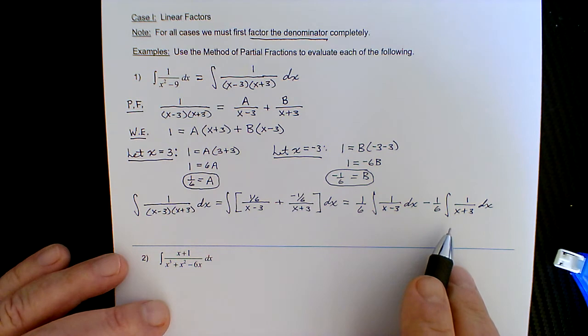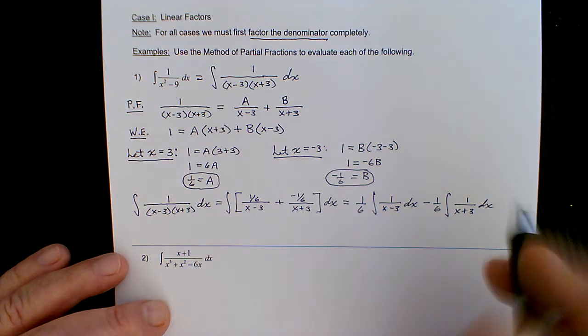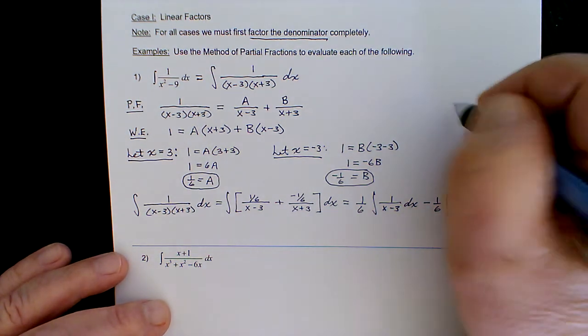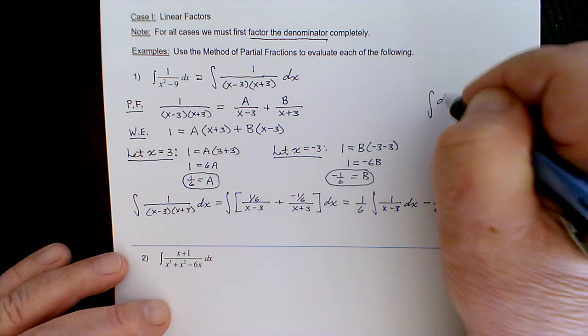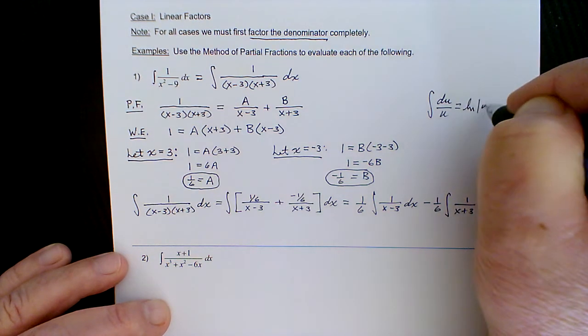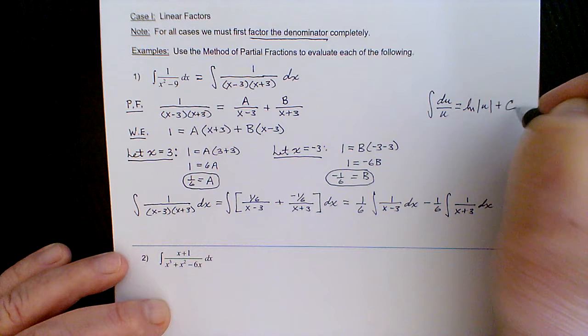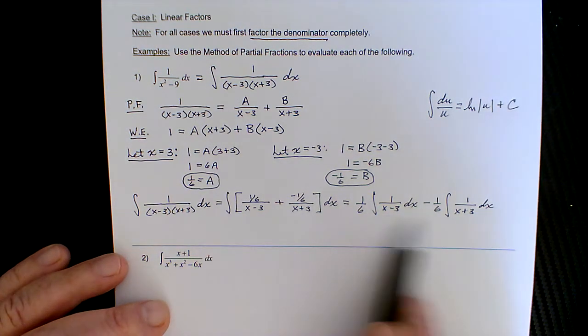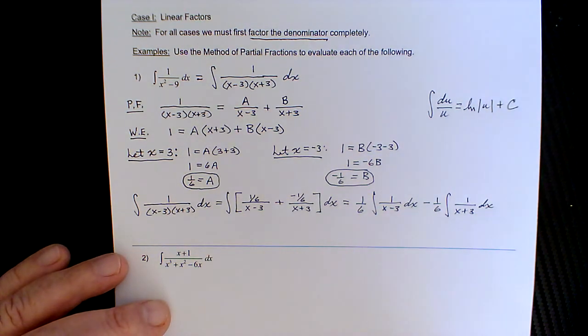And remember last time we mentioned that the major formula is going to be the integral of du over u, which results in the natural log of the absolute value of u. And that, of course, because we're dealing with rational functions or fractions, and denominators are not powers. If the denominators are powers, we're going to use u to the n, and we'll see that in subsequent cases.